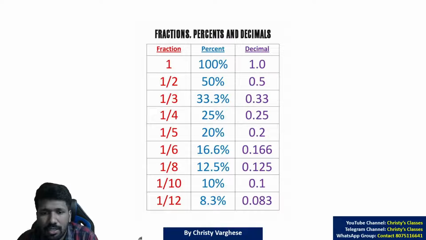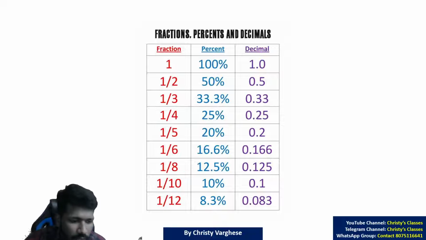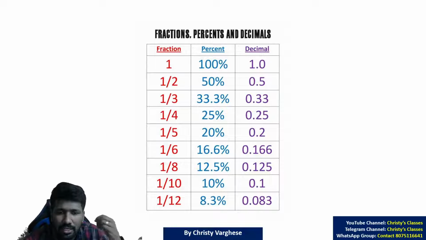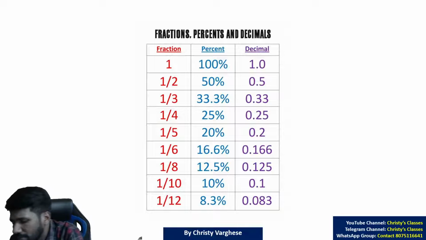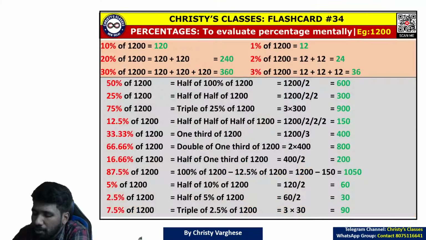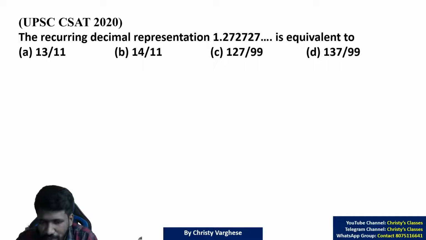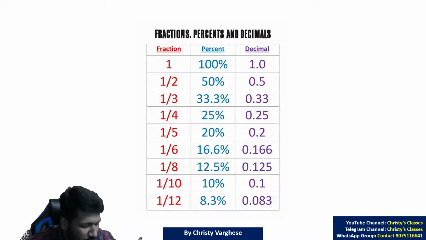For example, in this class, if there are 20 men and 30 women, 20 boys and 30 girls, the ratio of men to women will be how much? Ratio of men to women, 20 by 30, right? Meaning in fraction it is 20 by 30 itself, in ratio we will say 20 is to 30.